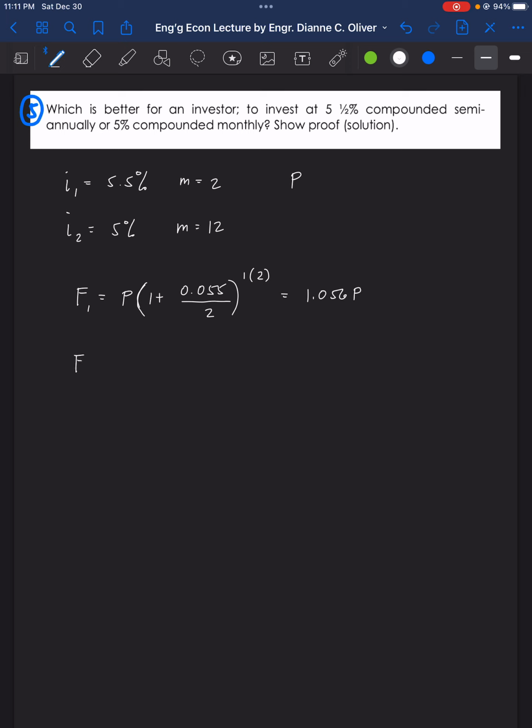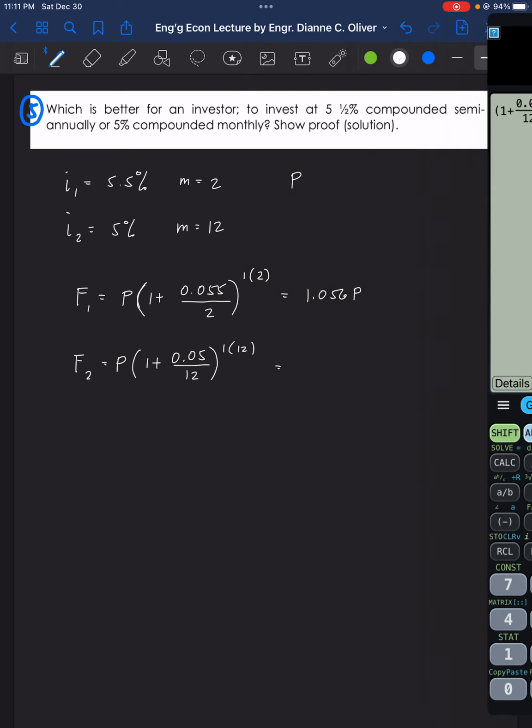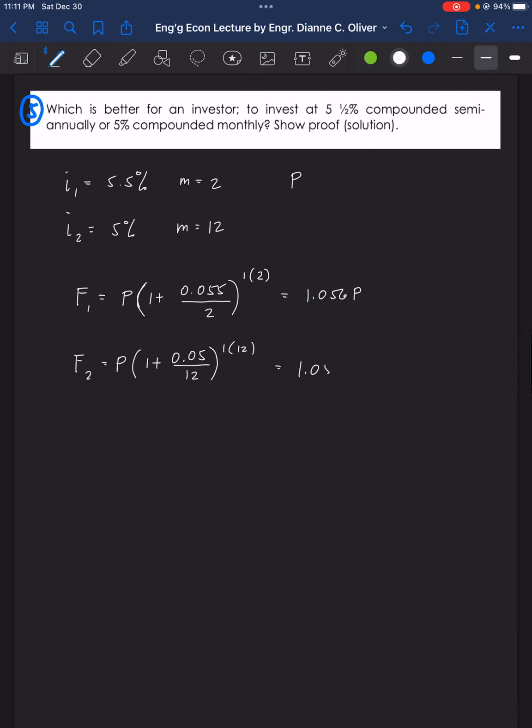How about F2? F2 has the same principal P, 1 plus 0.05 over 12 raised to 1 times 12. So that will be 1.0512, so 1.051 P. So which one is the greater amount?